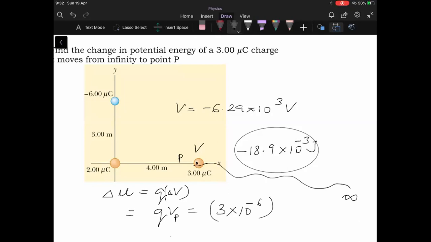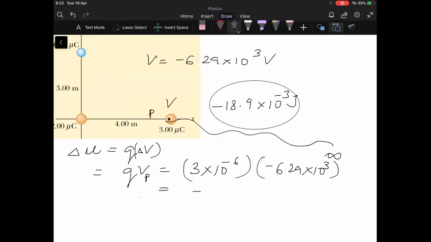So 3 into 10 to the power minus 6 coulombs. What is the magnitude of potential? 6.29 into 10 to the power 3. So you will get this answer as minus 18.9 into 10 to the power minus 3 joule. Is it clear?